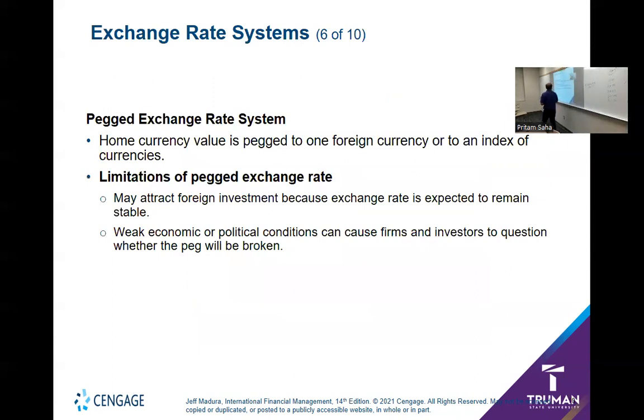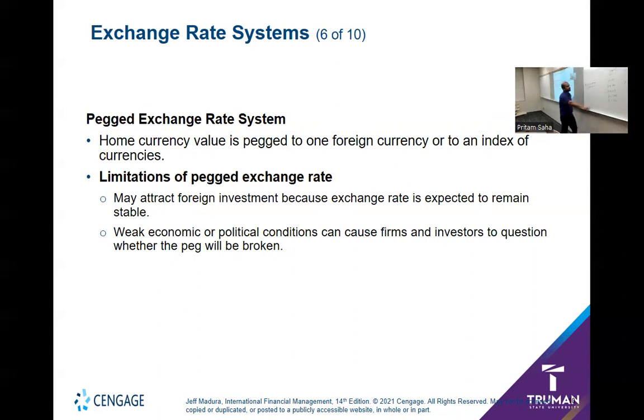Pegged exchange rate. When you say pegged exchange rate, it is actually pegged to one foreign currency or index. It will move in the same direction, same magnitude as the currency or index it is pegged with.